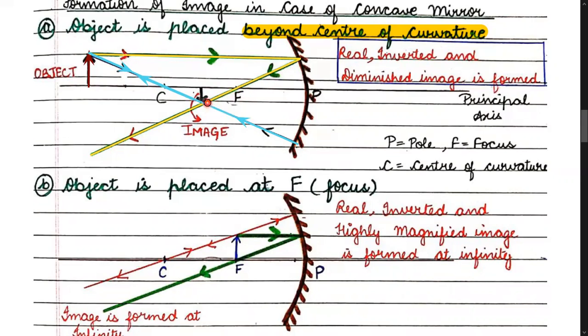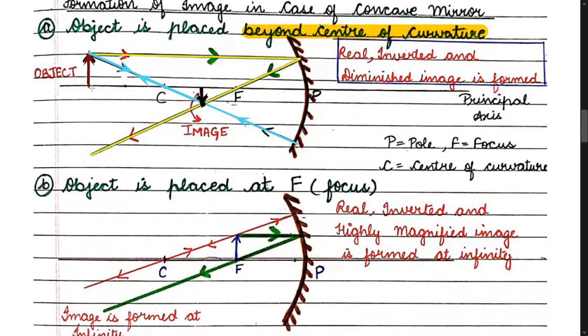So these two rays meet at a point, and the point where the rays intersect each other, you will form an image at that point. So students, now while drawing the image, what we will do? We will put the arrow at the intersection point.